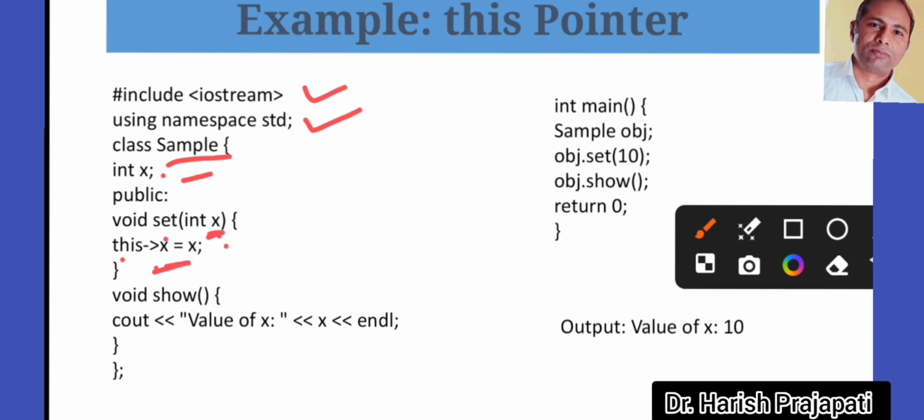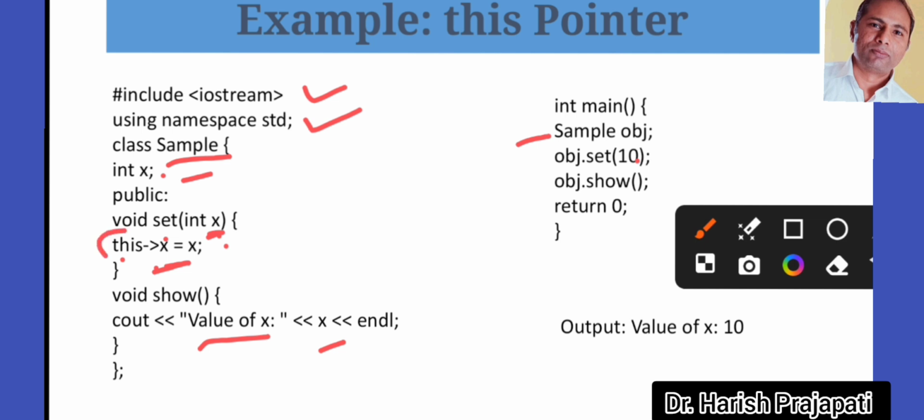Now we write a function show, where we want to output the value of x. Then we write the main function, make one object of this class, pass the value 10 to this function, and display it.